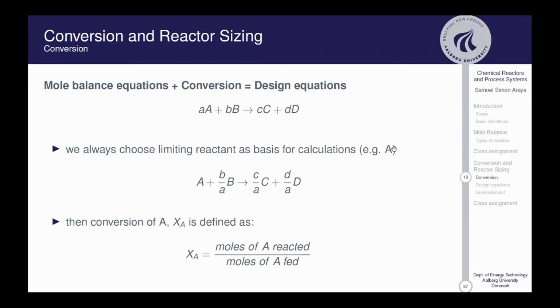The reason we do that is because a limiting reactant is the reactant among the number of reactants that we have that depletes the fastest, or that finishes first. It doesn't mean that it's going faster. It just means that we have less of it, and we cannot carry out further reaction unless we have enough of it, right? So in this case, for example, we'll just consider A as our limiting reactant.